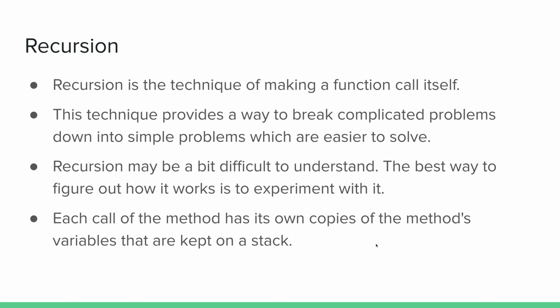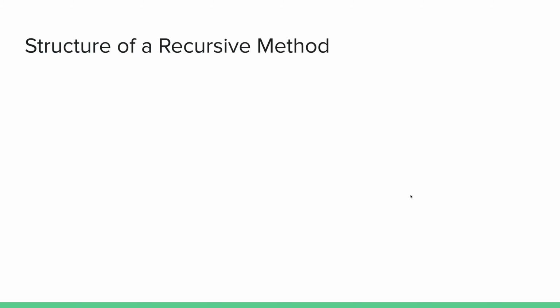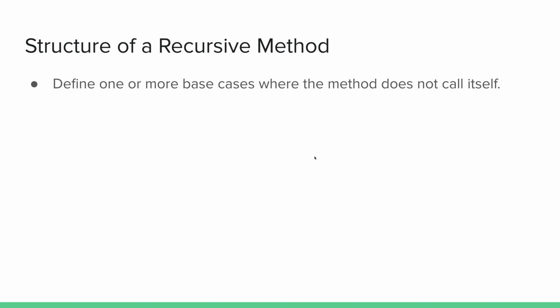So the technical information: each call of the method has its own copies of the method's variables that are kept on a stack. Again, the easiest way to write recursive functions is to follow some rules. Rule number one, always define one or more base cases where the method does not call itself.